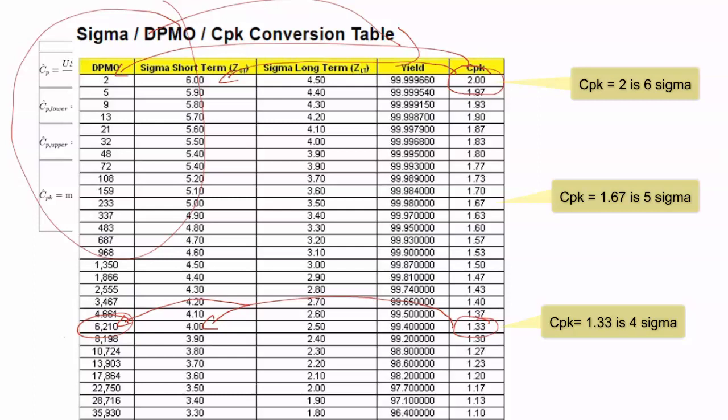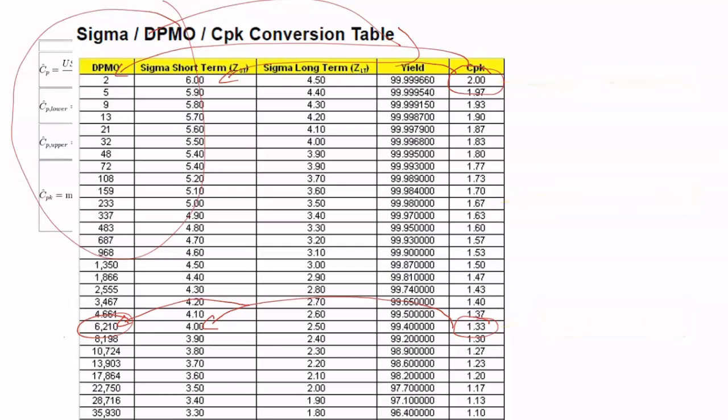They all compare the voice of the process to the voice of the customer. But in the end, if you've got CP and CPK values that are equal, you know you've got a process that is centered. If CP is greater than CPK, you've got a process that is off-center.